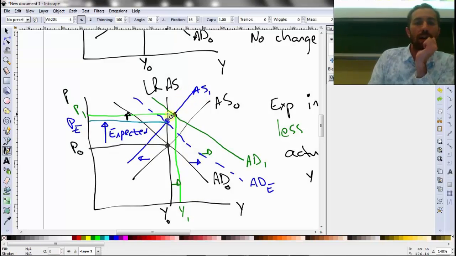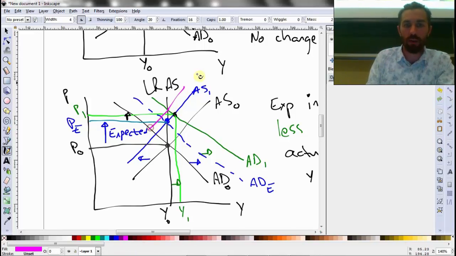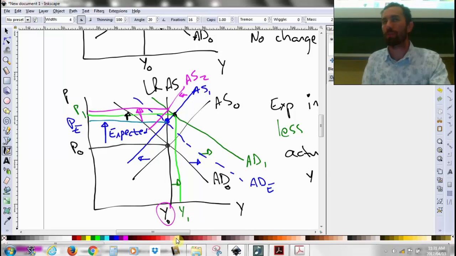If I shift my aggregate supply curve because I increase my nominal wage demands even further, my aggregate supply curve shifts even further to the left, and I end up with even higher inflation, but I end up back at my initial level of output.